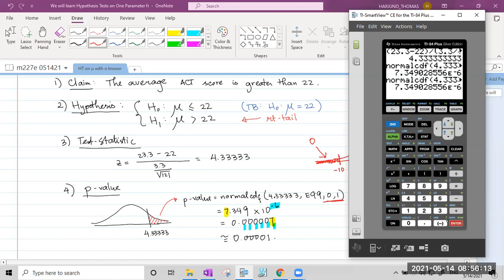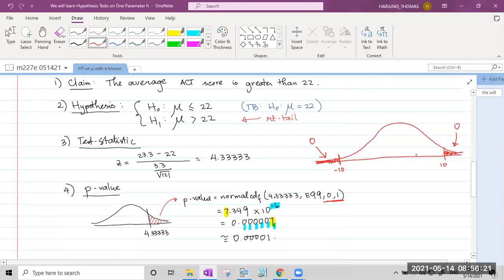It is exactly the same. Why? The area is so small such that the difference is less than 10 to the -14. The area is already less than 10 to the -14.